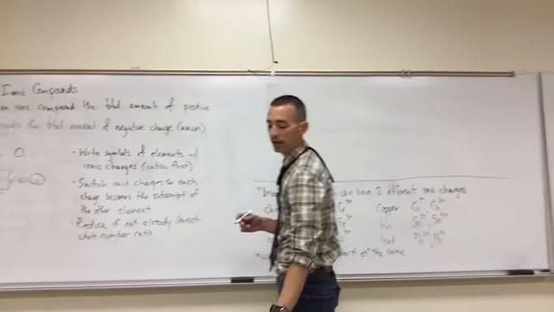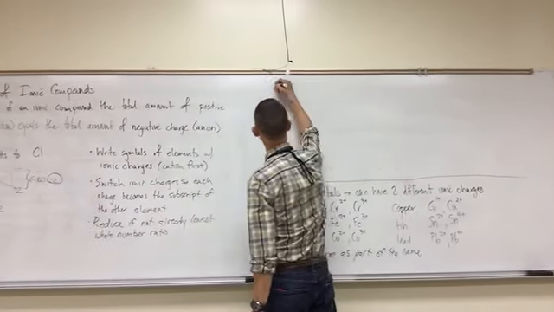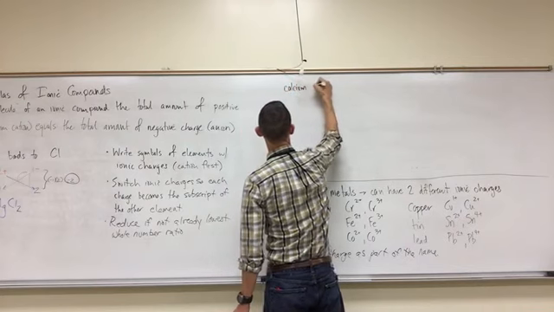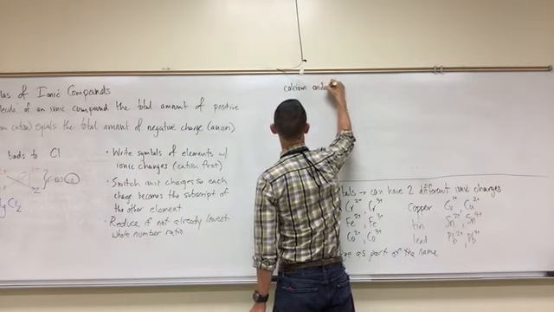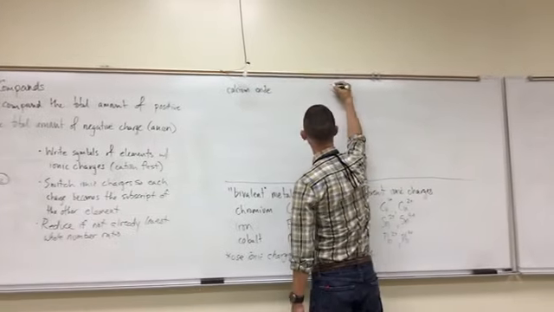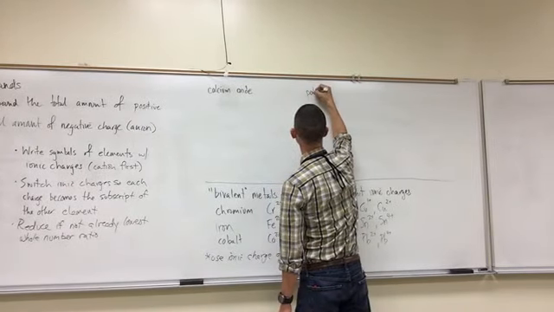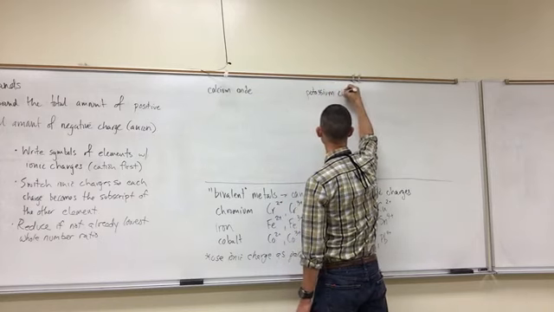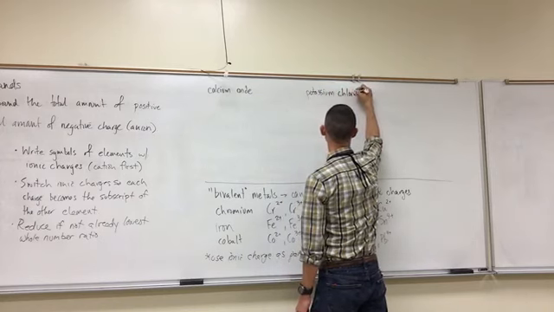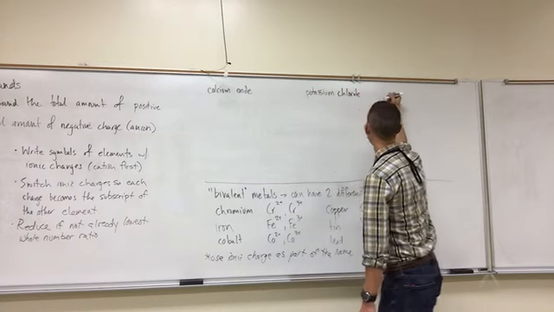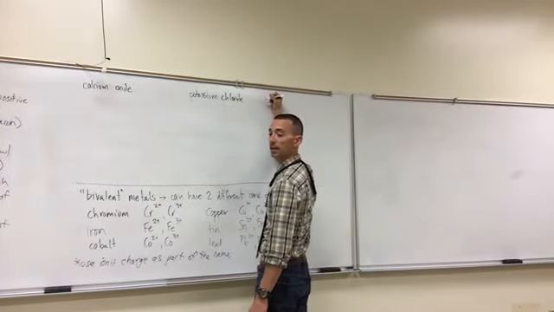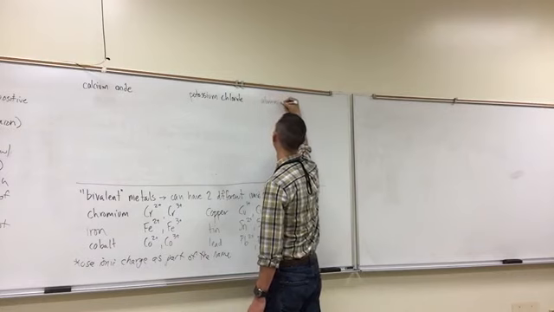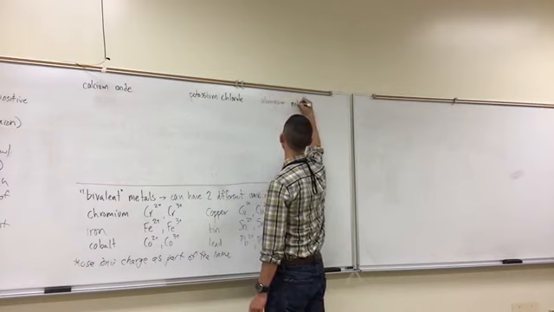So if we had a couple examples here, how about calcium oxide? How about potassium chloride? And let's throw in a polyatomic ion, maybe aluminum nitrate.